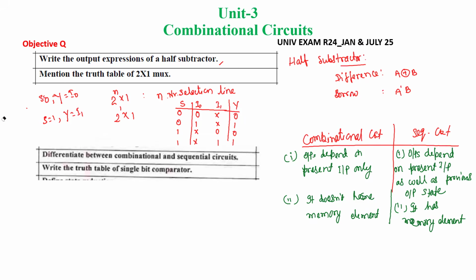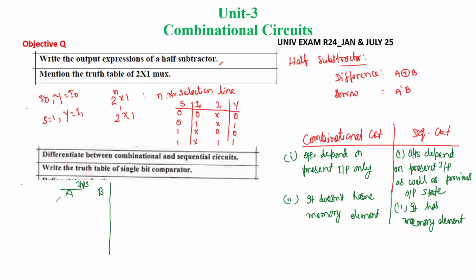The next question is the truth table of a single bit comparator. Single bit comparator means when you compare, we have two numbers, and each number has one bit. That should be clear. Here one number is A and the other is B, each having a single bit, so these come under the inputs.